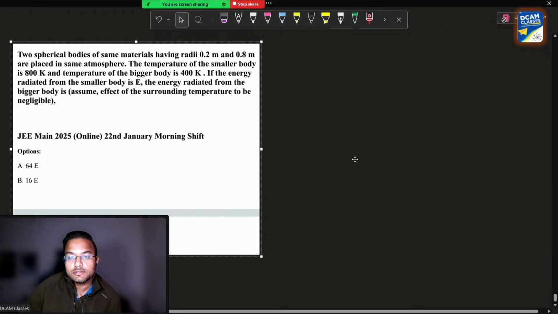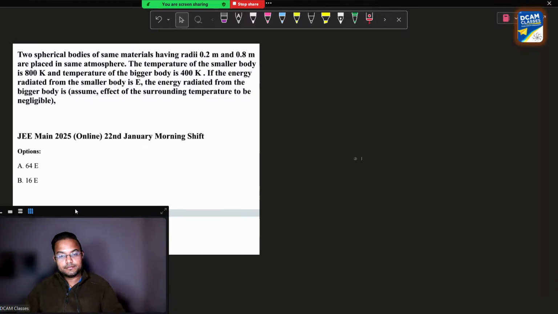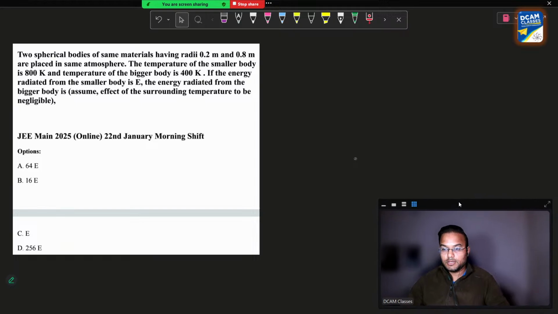Try solving this. It's not difficult, but it was asked in JEE Main 2025, the latest one.